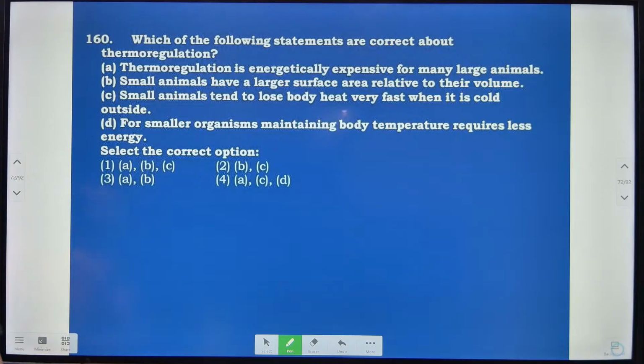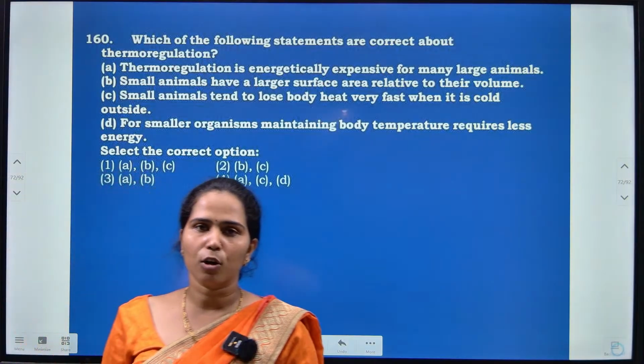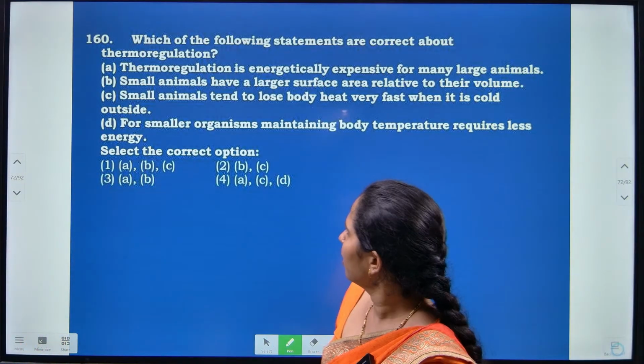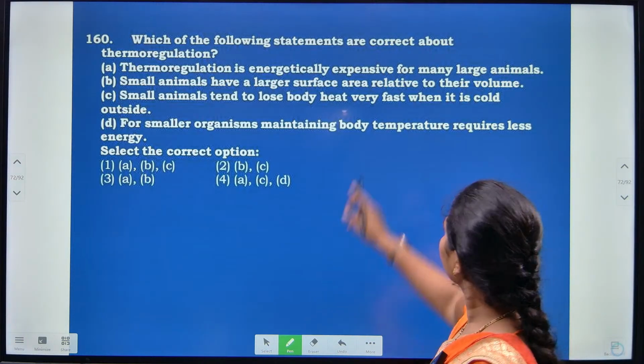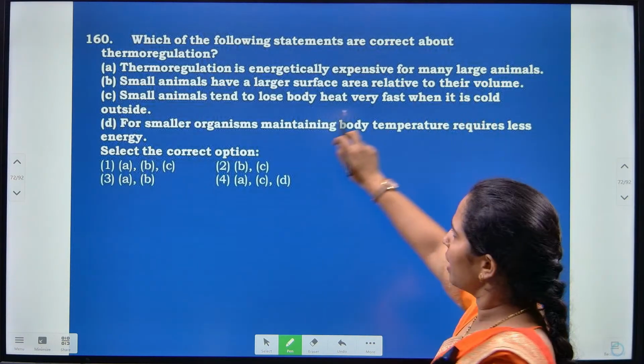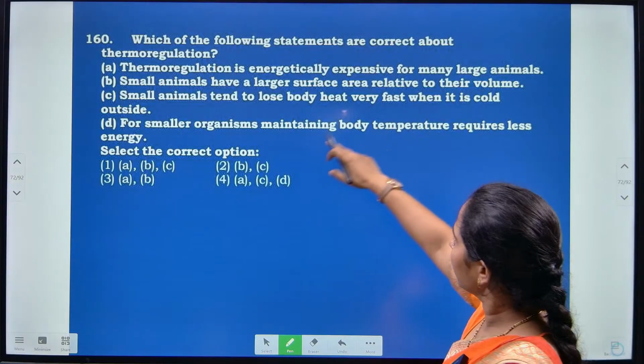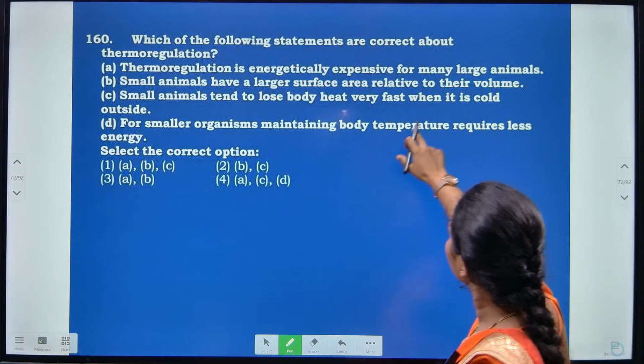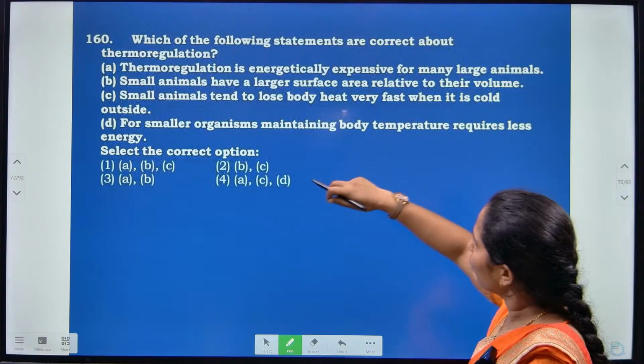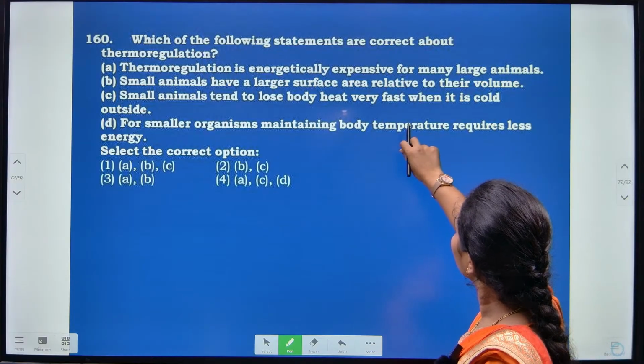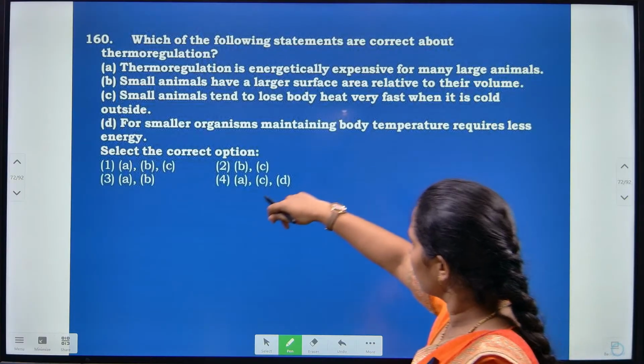Right, next. Which of the following statements are correct about thermoregulation? Thermoregulation is nothing but maintaining a constant body temperature. So thermoregulation is energetically expensive for many large animals. Yes, they require energy. Small animals have a larger surface area relative to their volume. Small animals tend to lose body heat very fast when it is cold outside.